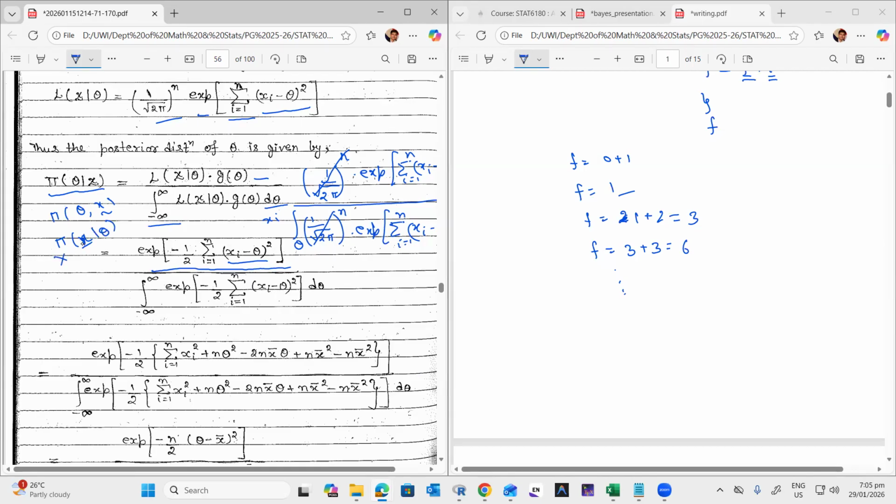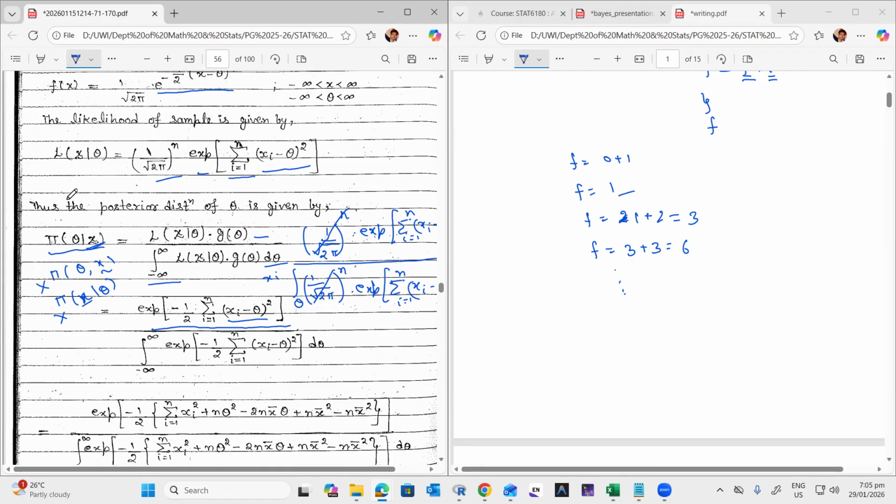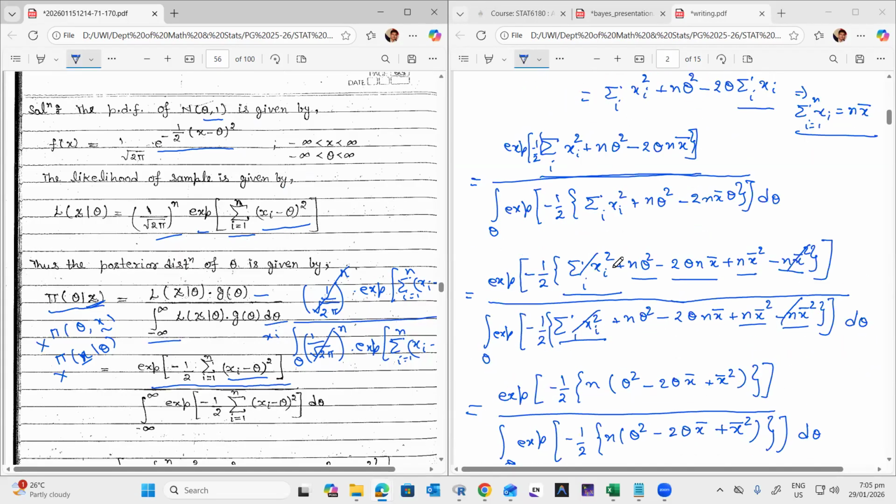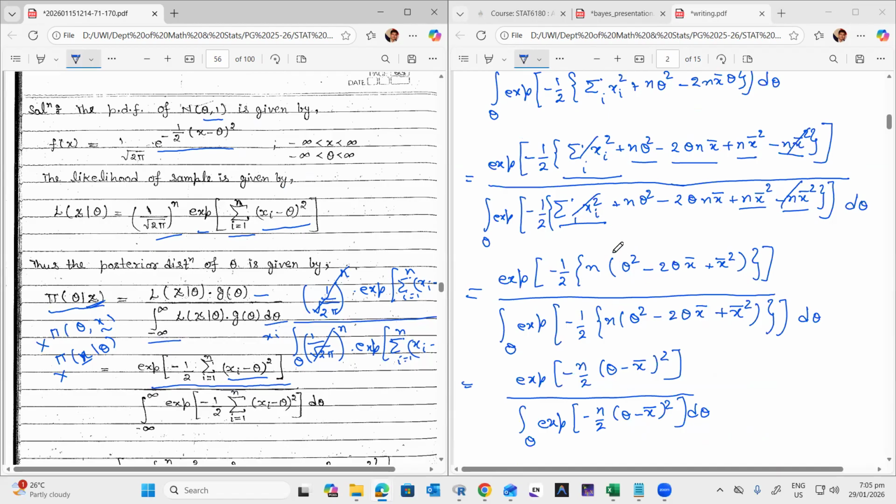We are writing theta given x curve, which means x curve or xi are known. Alright, when xi is known, at that time it will become constant. Right, it will behave like a constant. So that's why we are doing the integral over the range of theta.